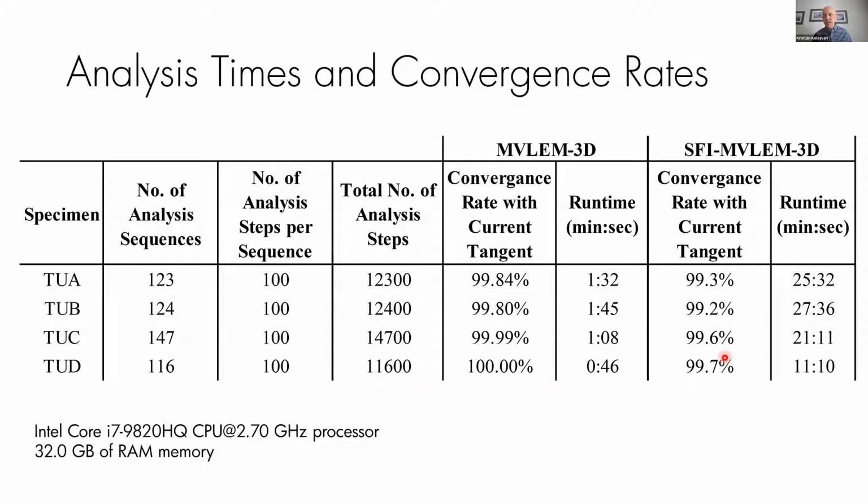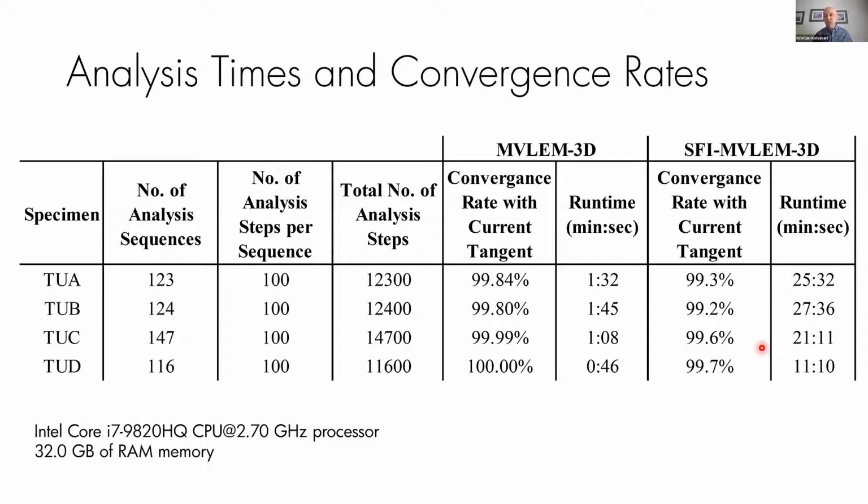With the SFI MVLEM 3D the convergence rate is slightly lower, still more than 99%, but analysis time was quite increased due to the complexity of this model. And also, as soon as you start converging with the initial tangent, the efficiency of that solution strategy is much, much lower.